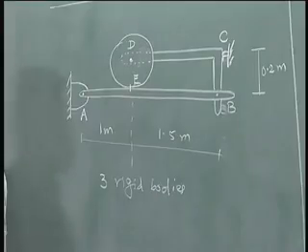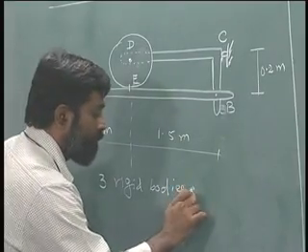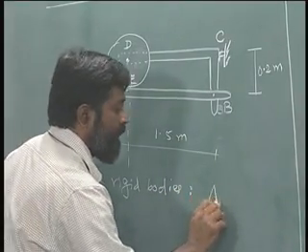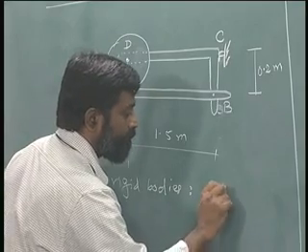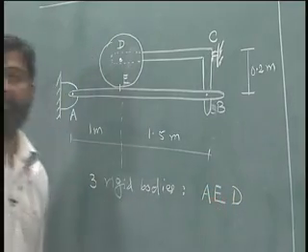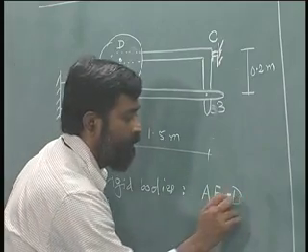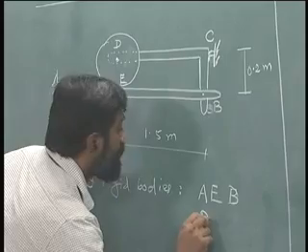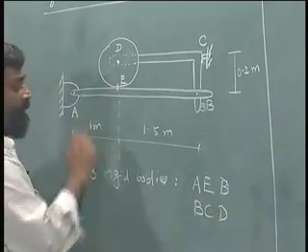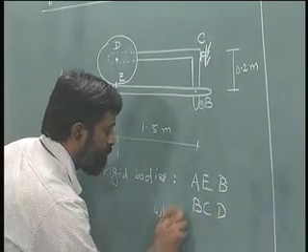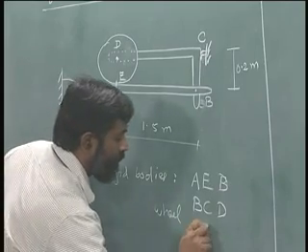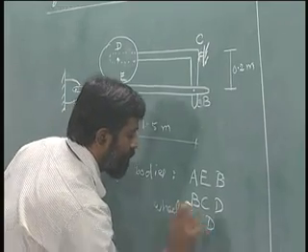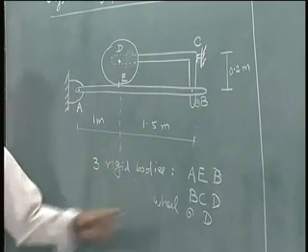This will help me draw the free body diagrams appropriately. One is AB, you can either elect to call it AEB or AB. The other rigid body is BCD, and the wheel D, with 3 rigid bodies that we have.